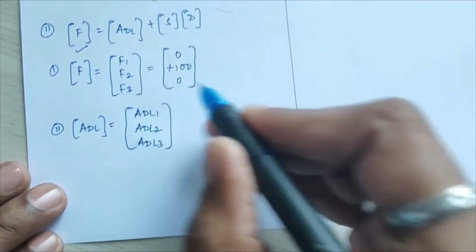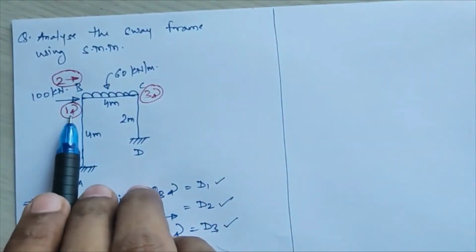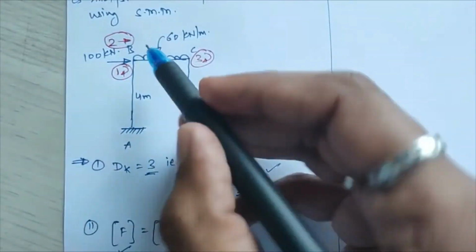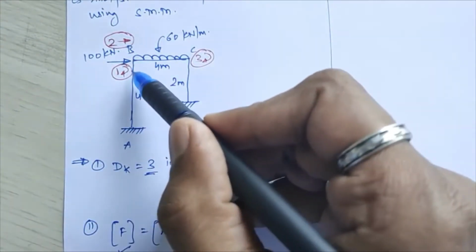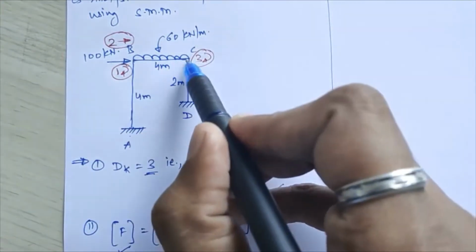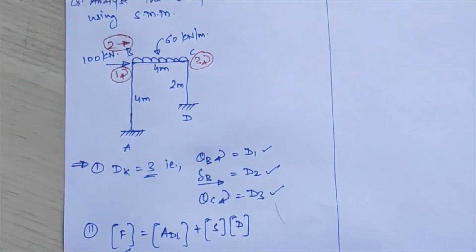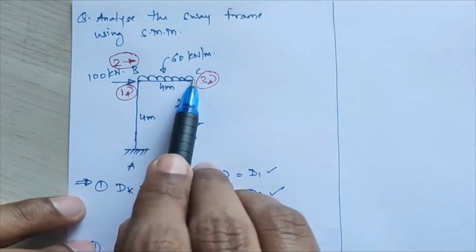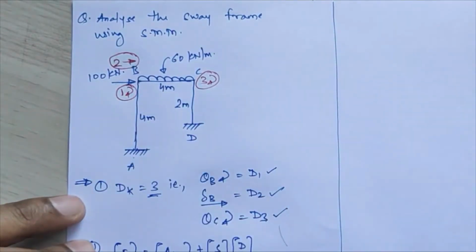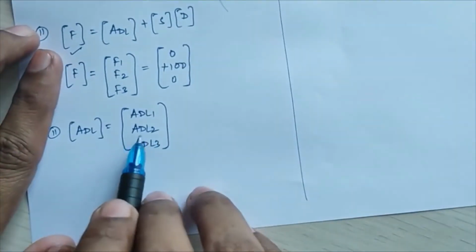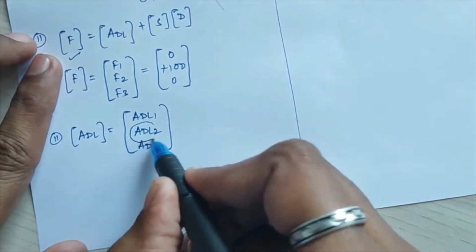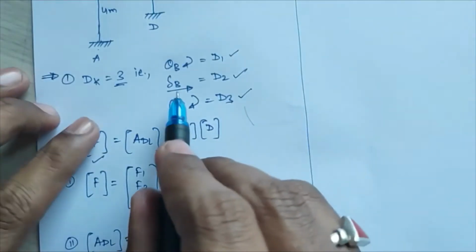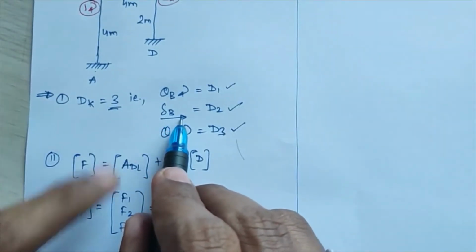Now ADL1, that is your selected rotation over here, so that will be your combination of moments acting at this point, that is MFBA and MFBC, the friction moments of BA and BC. Same way ADL3 will be your combination of MFCB and MFCD. But for ADL2, the selected redundant is the displacement over here.